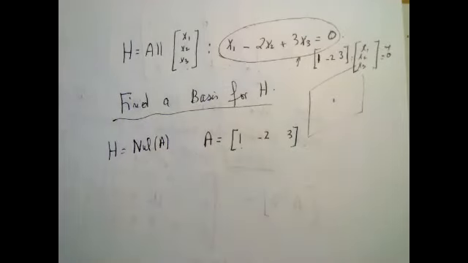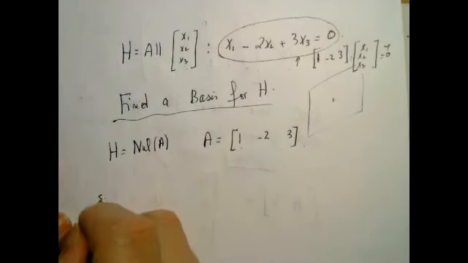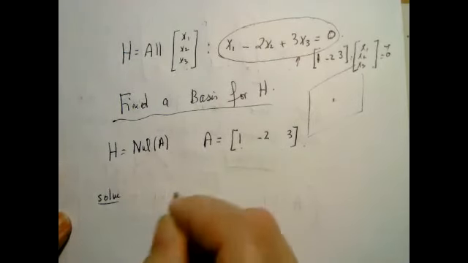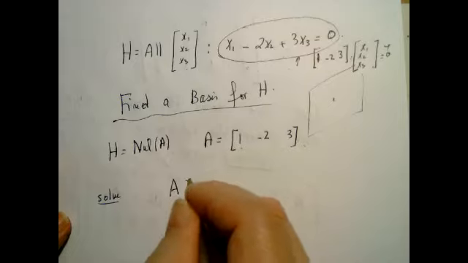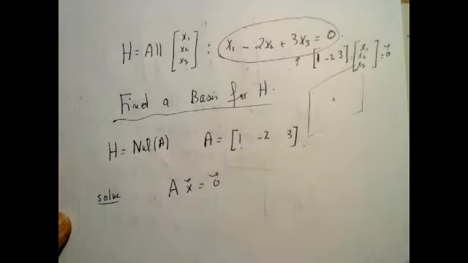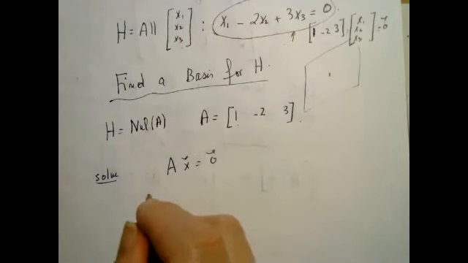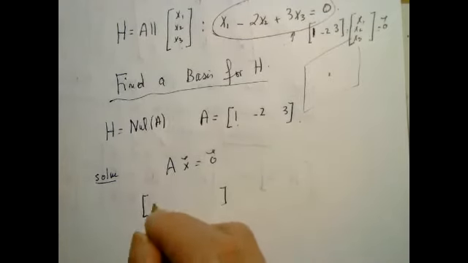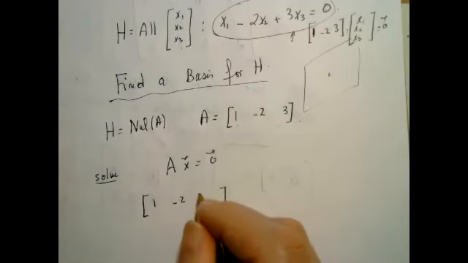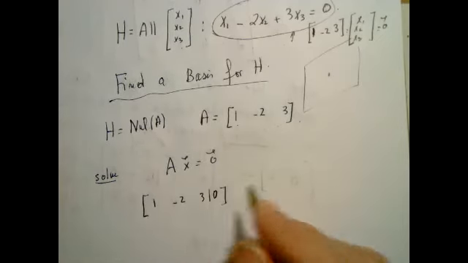Now let us find a basis for that. It's really as usual. We're going to solve Ax equal to 0. Now I know you are a bit uncomfortable because we've never done a one row matrix, but why not? So we're going to solve 1, minus 2, 3, 0.